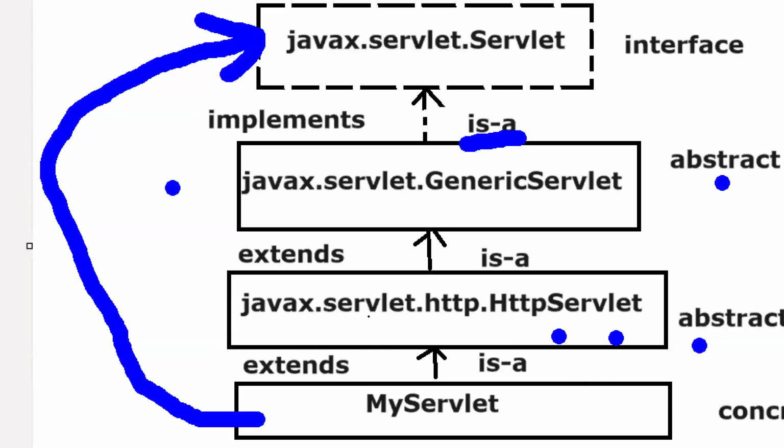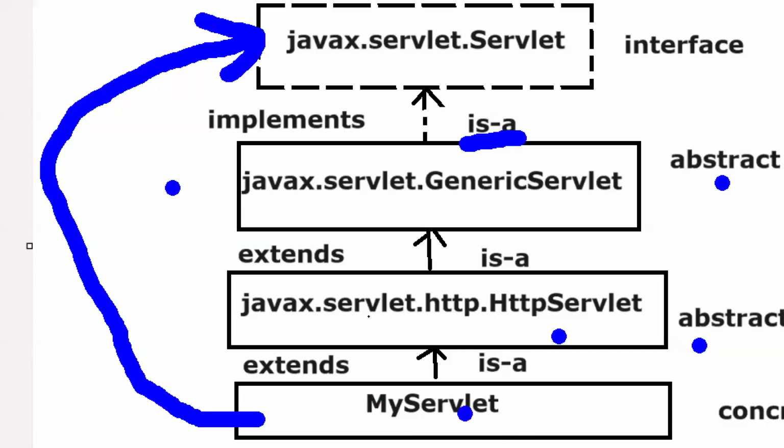So, once again, our own developed Java class inherits from HTTP servlet. HTTP servlet inherits generic servlet. Generic servlet inherits the servlet interface.